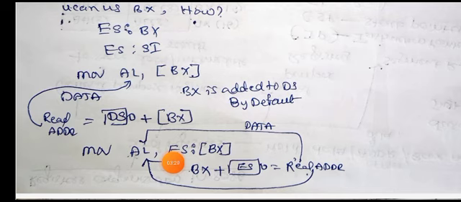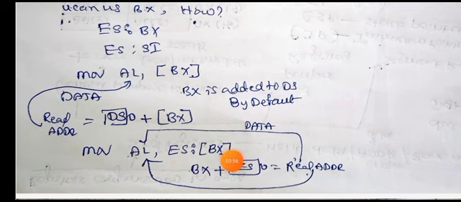So instead of using the default segment registers, we can use the registers we are interested in by putting the name of the segment register before the register in this way. Simply write the segment register, then colon. That's all.